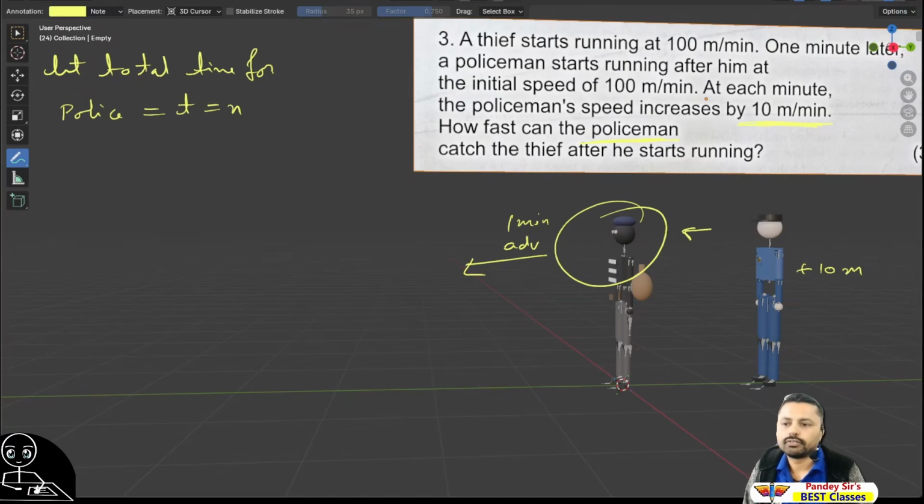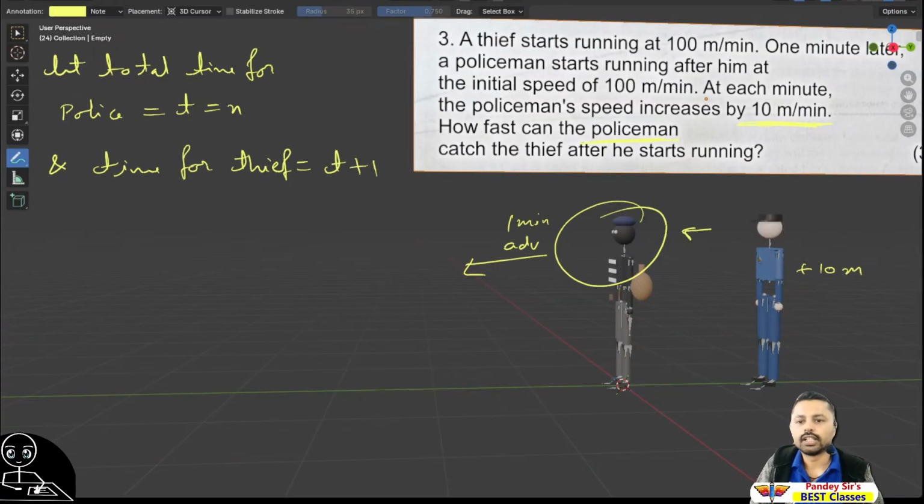Now for the thief, the time for the thief is equal to also T, isn't it? Yes, sir. No, keep in mind this guy started 1 minute before. So T plus 1.